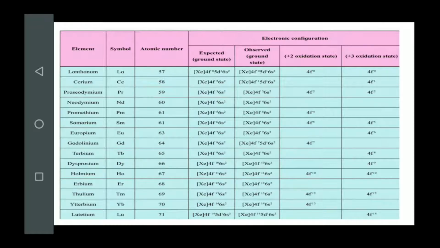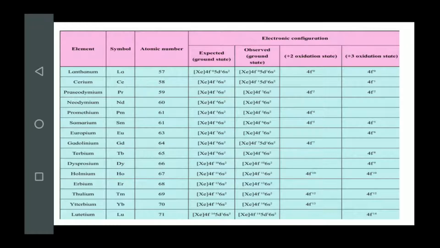In the same way, for neodymium, promethium, samarium and europium, the expected and the observed electronic configurations are the same. So only cerium does not show the expected electronic configuration. But from praseodymium to europium, we observe that the expected and observed ground state electronic configurations are the same.